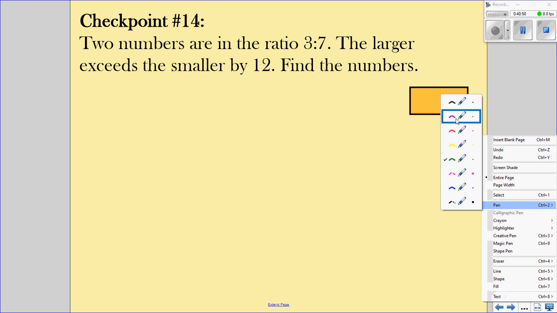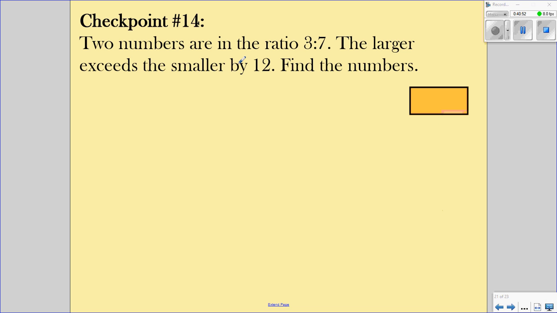So now we have two numbers that are in ratio of 3 to 7. The larger exceeds the smaller by 12. So 3 is the smaller, and 7 is going to be the larger. So then we have 3, and I'm going to use green for the x.